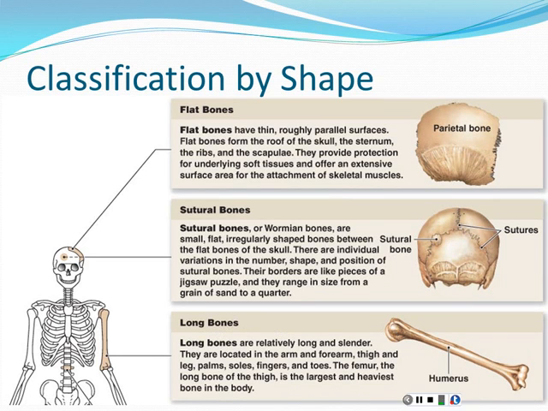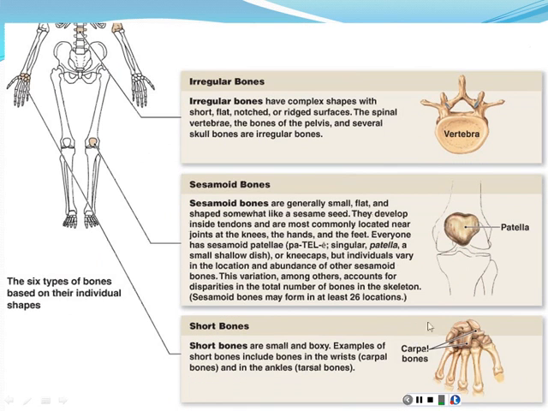So like your thigh bone and your calf bone, your forearm bone, your upper arm bone, those are all long bones. And long bones have two knobby ends and a thin shaft in between them. So like the typical dog bone picture, that's a long bone because it has two knobby ends and then a long part in the middle. And we're going to talk more about the long bone anatomy in a second.